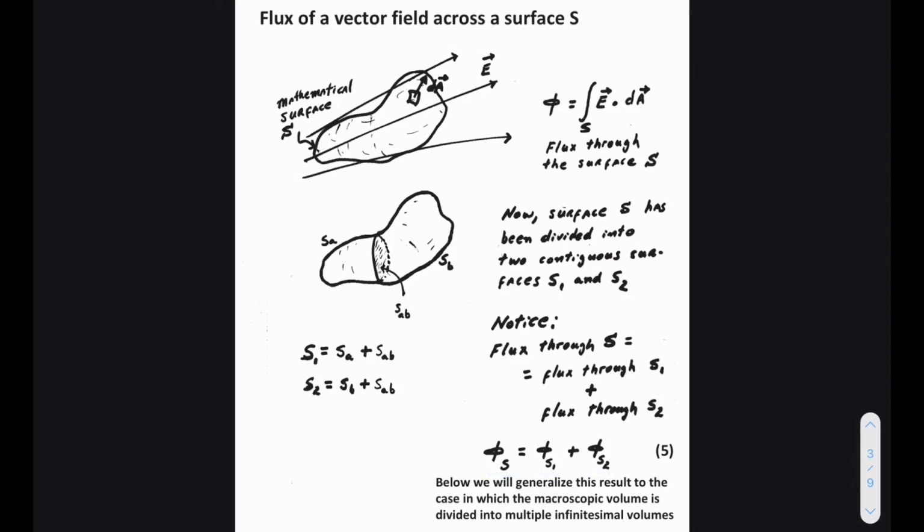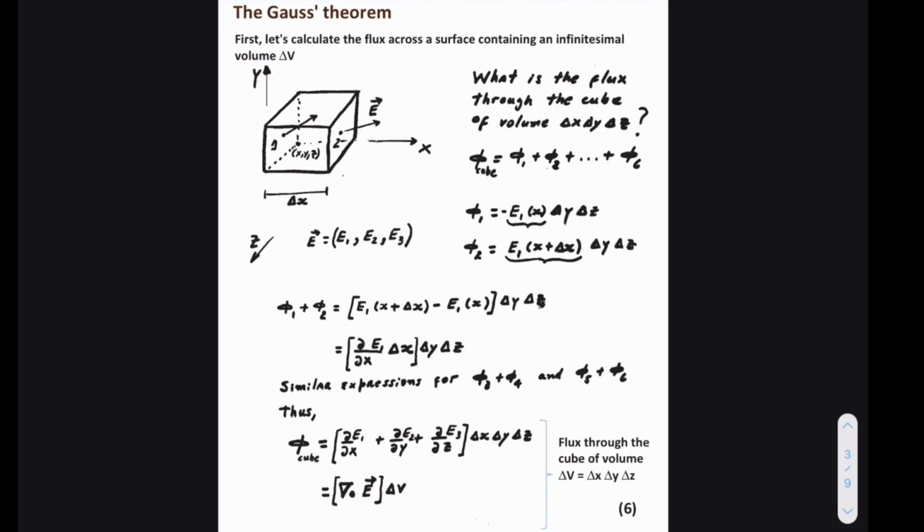Now what happens if we divide this whole closed surface in many infinitesimal closed surfaces? This simple idea will lead us to the Gauss's theorem. Now in order to understand the Gauss's theorem, let us consider an infinitesimal cube through which a vector field E is passing through.